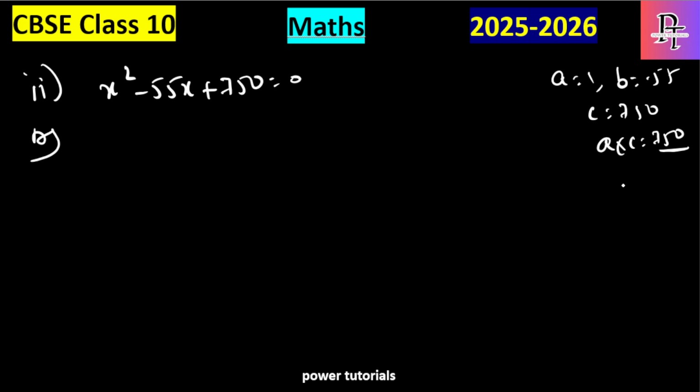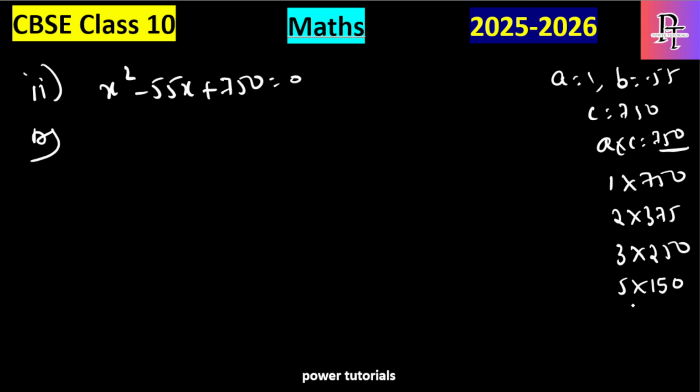Okay, so 750 factors: 1 into 750, 2 table, 2 into 375, 3 table, 7 plus 5 is 12. Yes, 3 table also will happen. 3 2s are 6, 3 5s are 15, 0. 4 table will not happen. 5 table, 5 1s are 5, 5 5s are 25, 0.